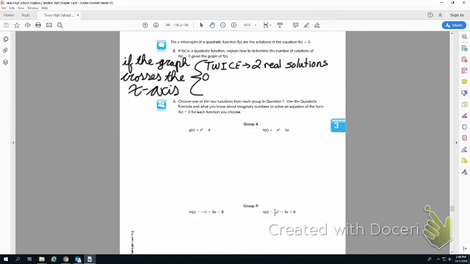If it crosses the x-axis once, there is 1 real solution. And if it doesn't cross the x-axis, there are, we'll go ahead and start writing this, what is called 2 imaginary.